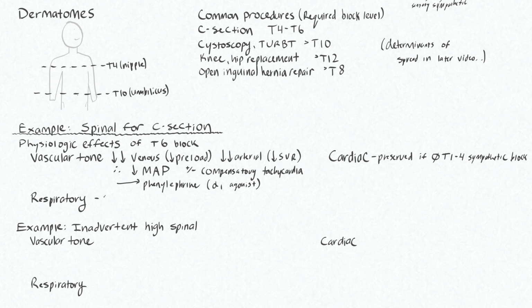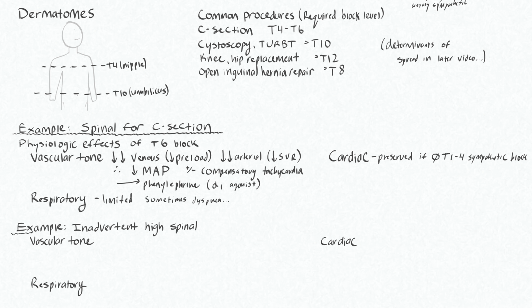Just to note again that the respiratory effects of this are generally quite limited, although sometimes people will complain of dyspnea, which usually has more to do with the abnormal chest wall sensation that they feel as the block creeps up their trunk, rather than any significant respiratory dysfunction.